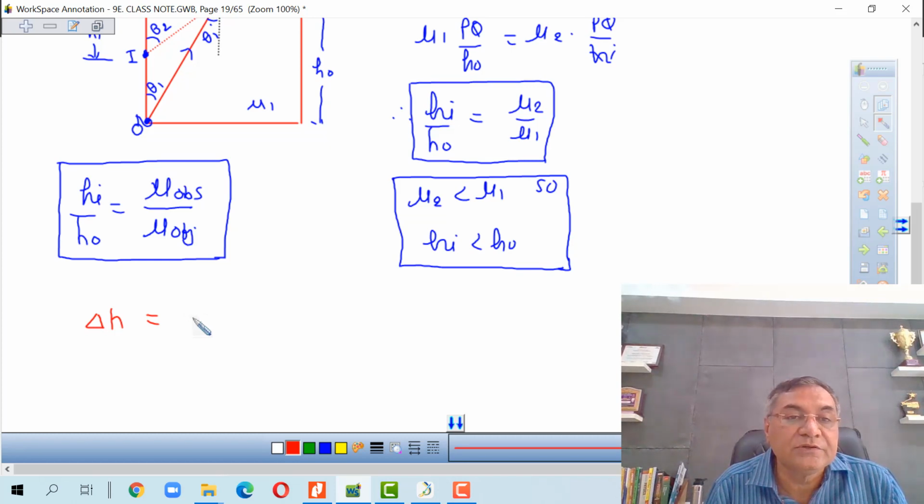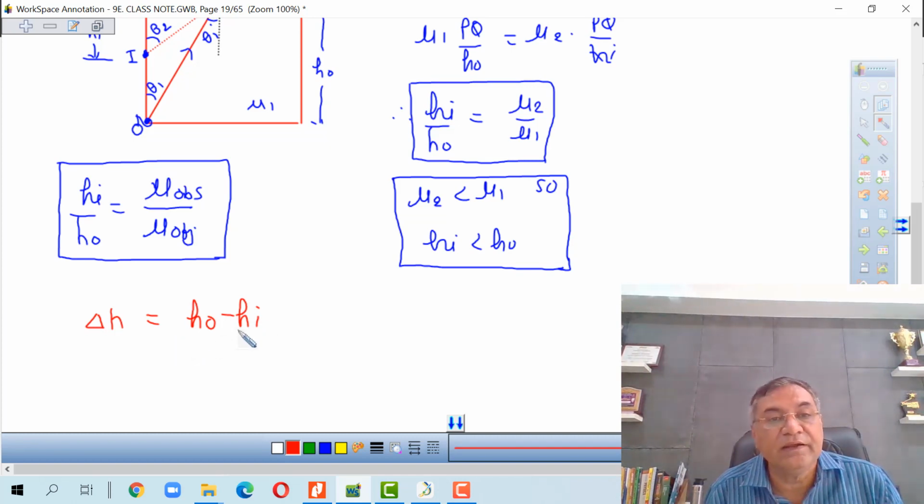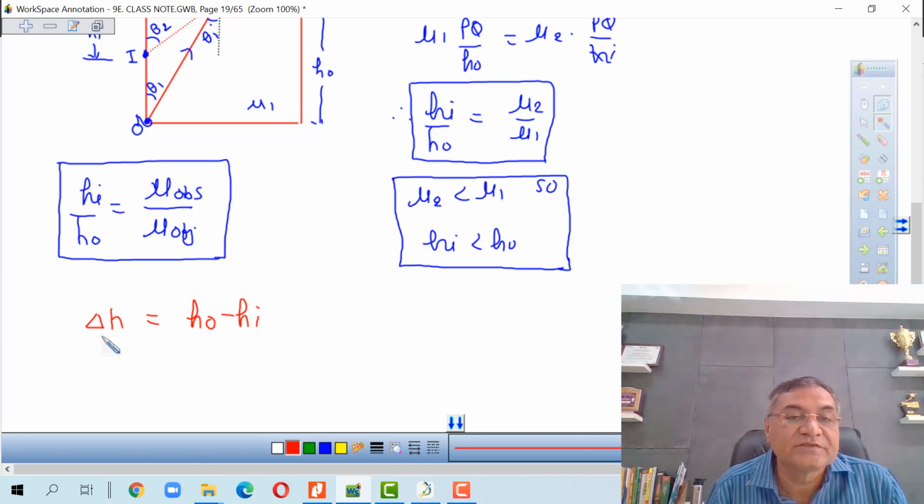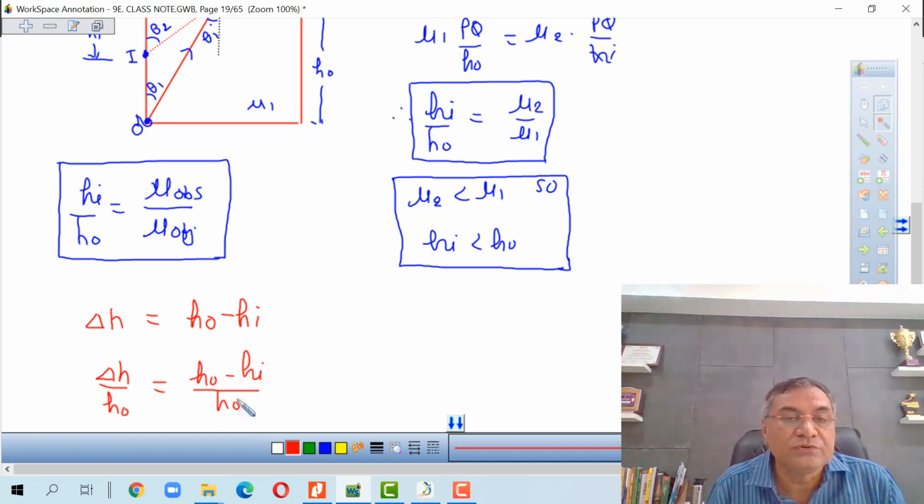So delta H is equal to HO minus HI. This is the shifting. It may be positive, it may be negative. And if percentage is asked, then delta H upon HO is equal to HO minus HI upon HO, multiplied by 100, so it gives you percentage. So do it as it is asked.